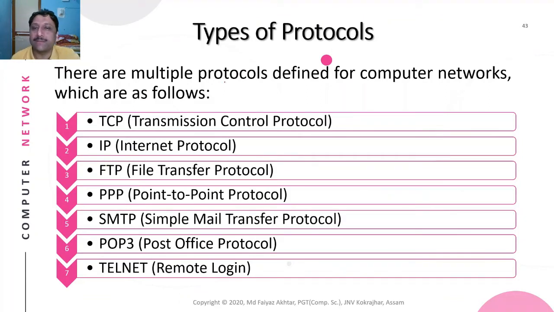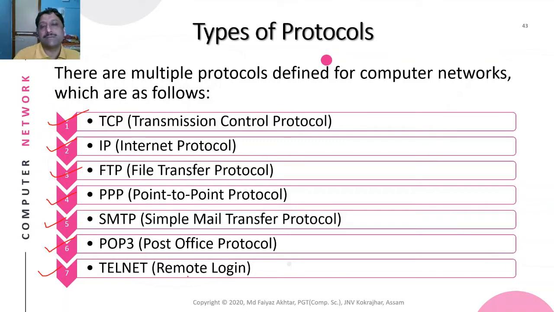There are multiple protocols defined for computer networks, which are as follows: TCP protocol, IP protocol, FTP, PPP, and the full forms are given: TCP, Transmission Control Protocol; IP, Internet Protocol; FTP, File Transfer Protocol; PPP, Point to Point Protocol; SMTP, Simple Mail Transfer Protocol; POP3, Post Office Protocol version 3; and TELNET, remote login.